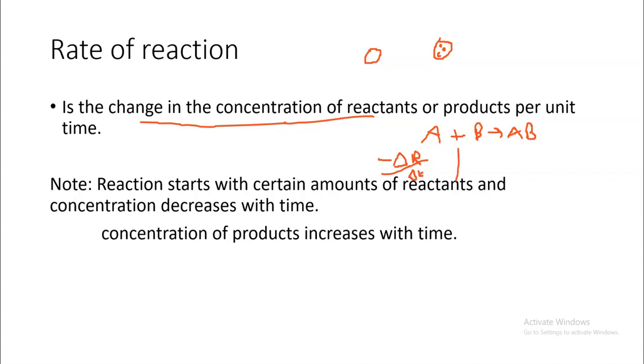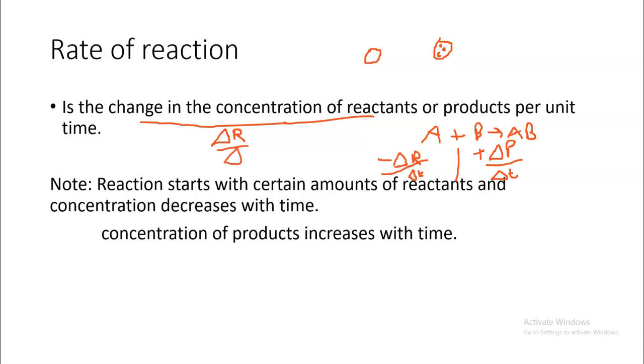And for product, remember, we are gaining, so it will be positive change in P over change in T. But for grade 12, the formula is the same: you can just use change in R or change in P. They don't really focus much on the negative or positive sign for grade 12.